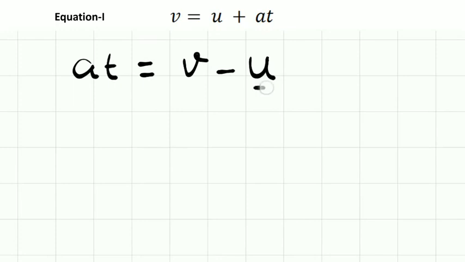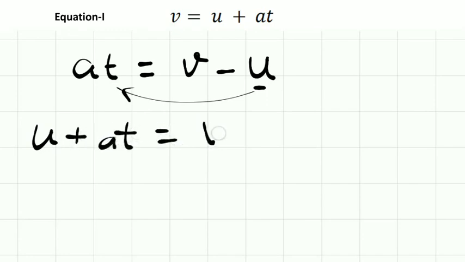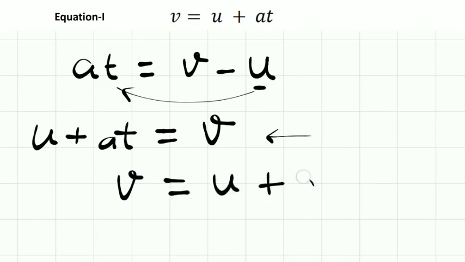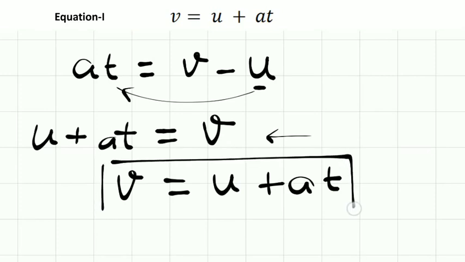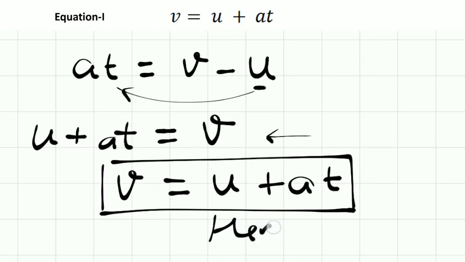Take this u to that side, we get u plus at is equal to v, and this can also be written as v is equal to u plus at, which is our first equation of motion, hence proved.